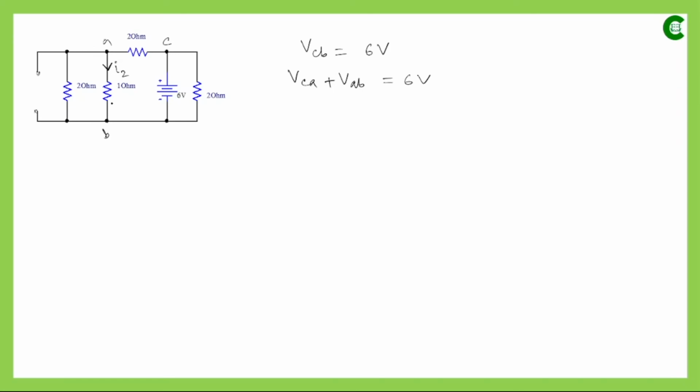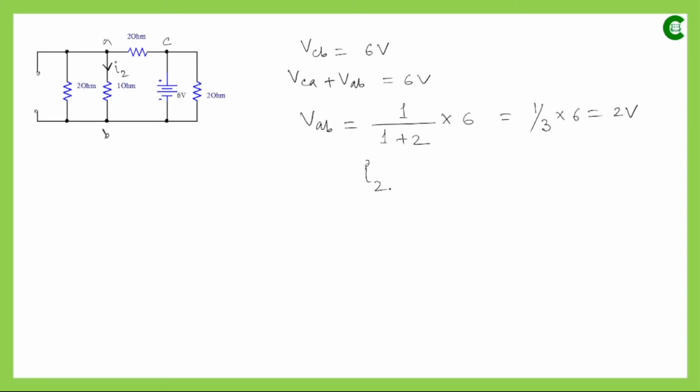Now we want to find out the voltage drop across this. So VAB this time will be that resistance value, that means 1 ohm, divided by the summation of both the resistances, so 1 plus 2, multiplied by the main voltage value, which is 6 volts. So it will be 1 by 3 into 6, that means 2 volt. So the voltage drop across these two terminals is 2 volt, and the resistance value is 1 ohm.